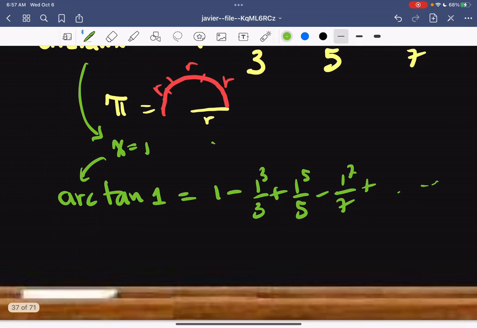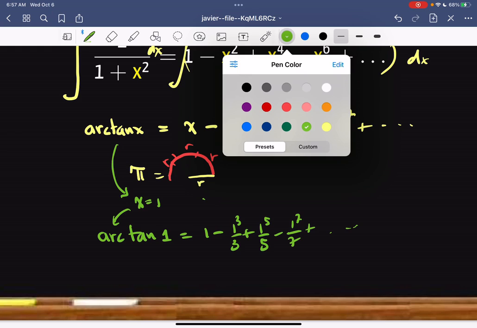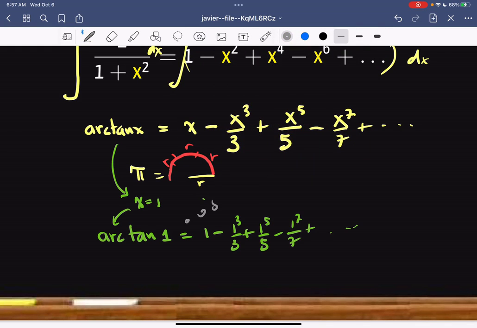Now, I know arctangent of 1. Let me make a little thinking bubble here. Tangent of what gives me the ratio of 1 over 1? It starts off with a ratio of 1, which is the same thing as 1 over 1.